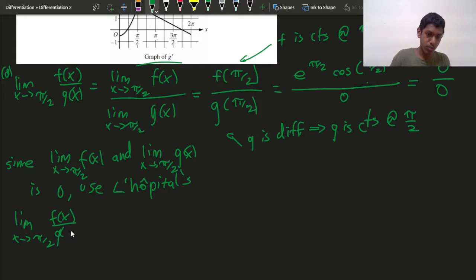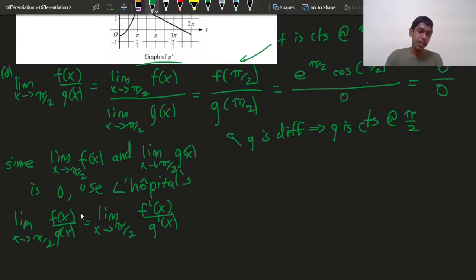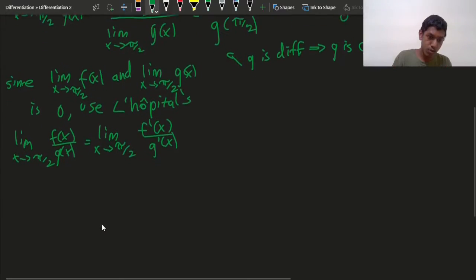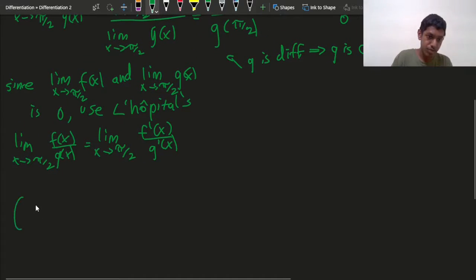Well, we know that this limit is just going to be the limit as x approaches pi over 2, but then you're going to differentiate the numerator and the denominator separately. Don't get this confused with the quotient rule, right? If you're differentiating something like this, that's totally different.